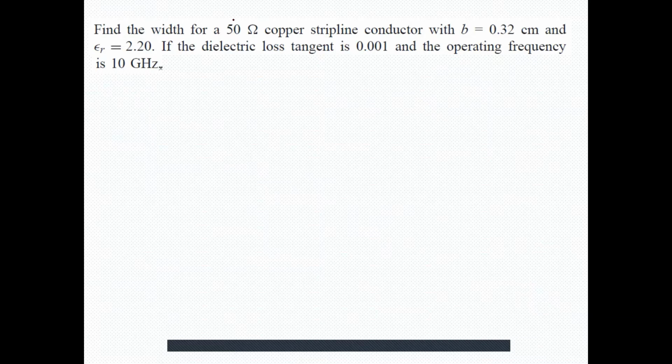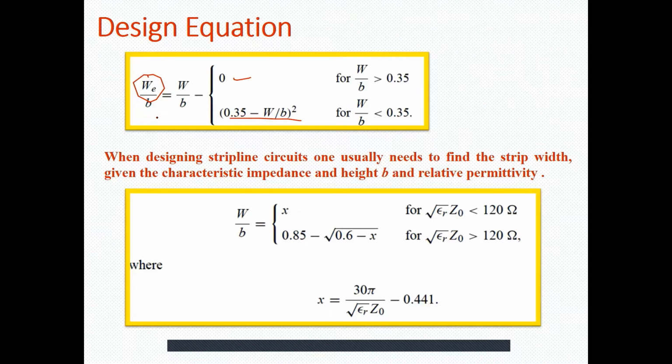So here we have some data given, that is characteristic impedance is 50 ohm. The thickness of the substrate is 0.32 centimeter, and the permittivity is 2.20. The loss tangent is 0.001, and the operating frequency is 10 gigahertz. First, we will calculate the value of under root epsilon R into Z naught.